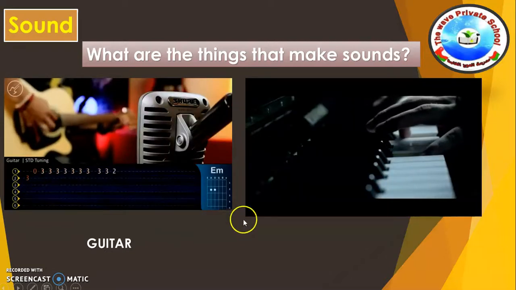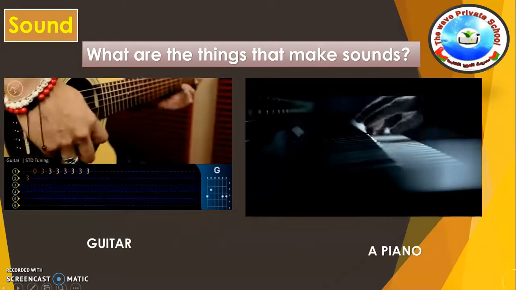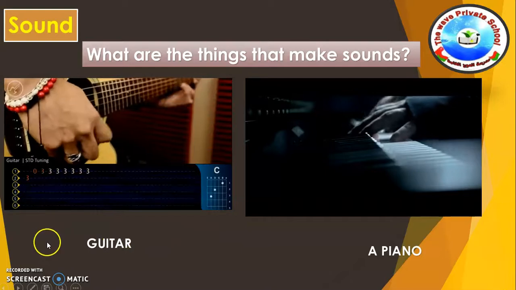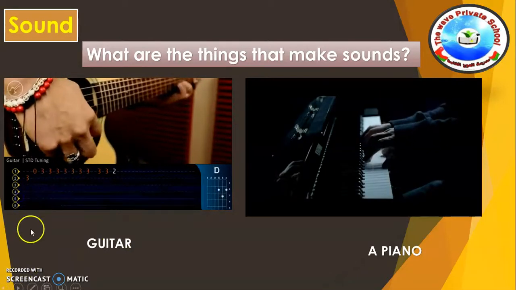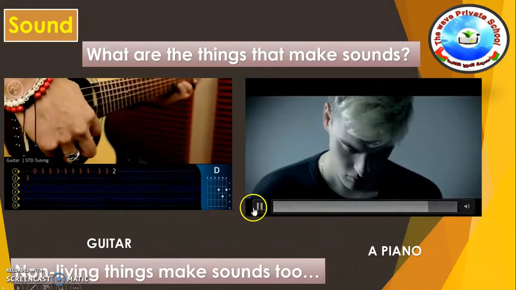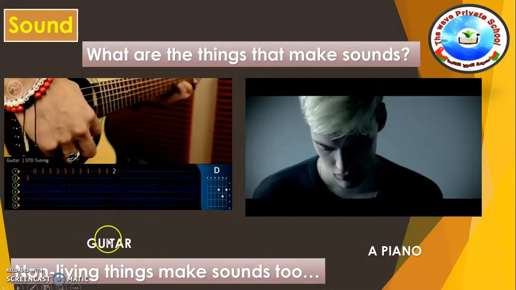Okay, this sound comes from a piano. A guitar and piano are what kind of things? Yes, they are non-living things. So non-living things make sounds too.